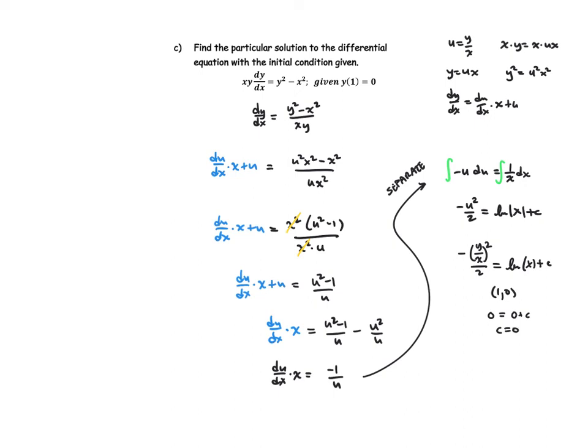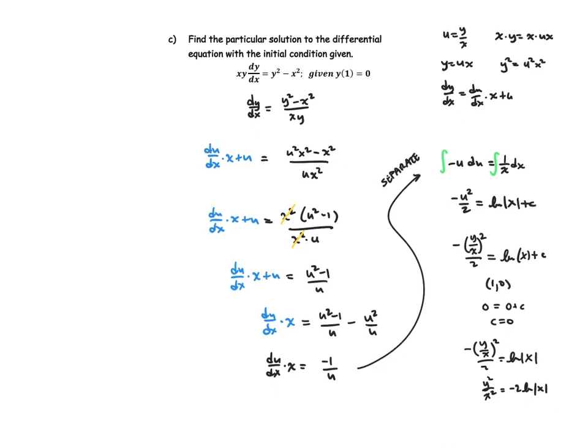Okay, so now I'm going to go back to this and write that I've got negative (y over x) quantity squared, over 2 is equal to the natural log of x, and plus c would just be plus 0. So y squared over x squared is equal to negative 2 ln of x. All right, now I'm running out of space here.